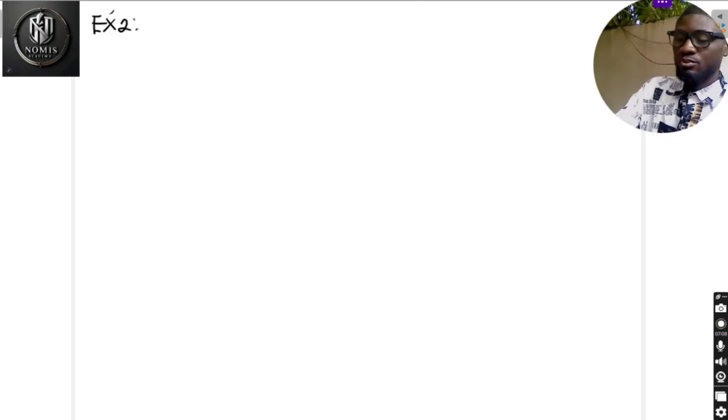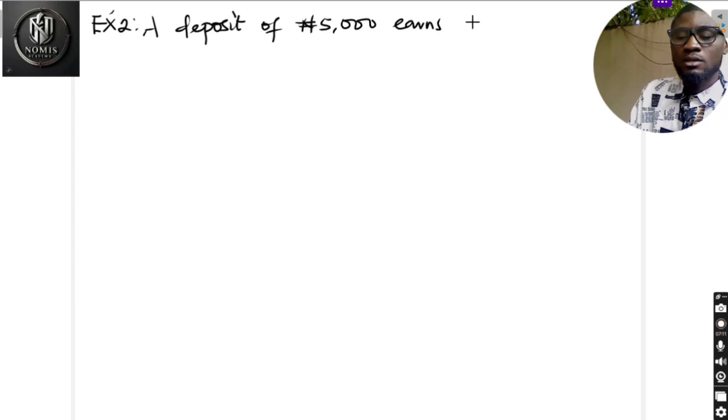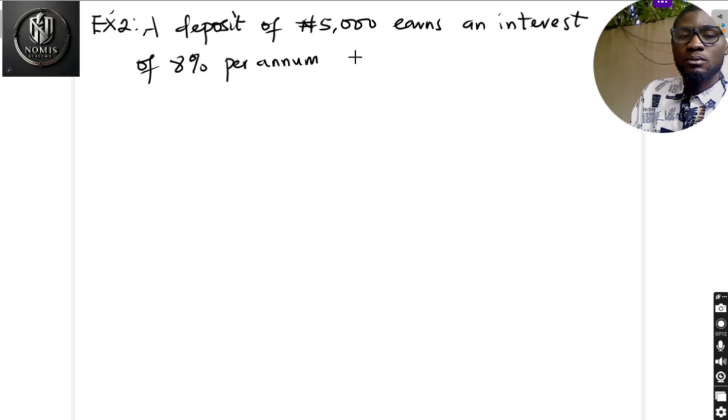Example 2. A deposit of 5,000 earns an interest of 8% per annum, compounded semi-annually.